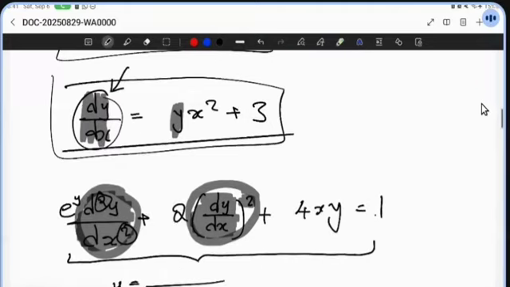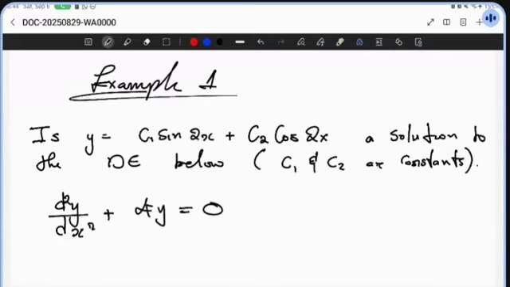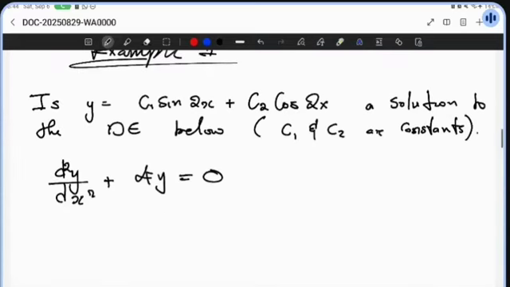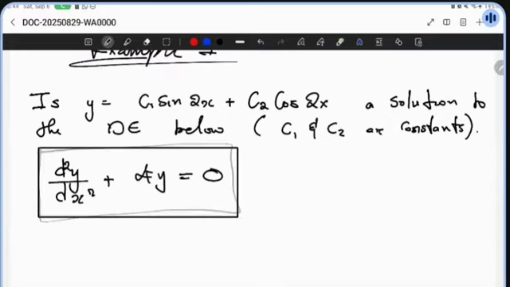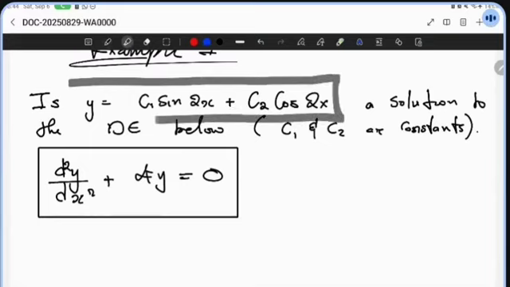Okay, let's find an example to just make sure we understand what we're explaining. Take this problem, where we're given a differential equation, and we want to find if this expression is a solution to the differential equation.